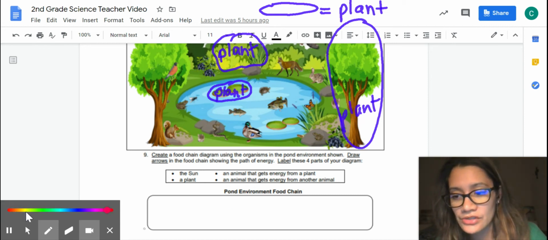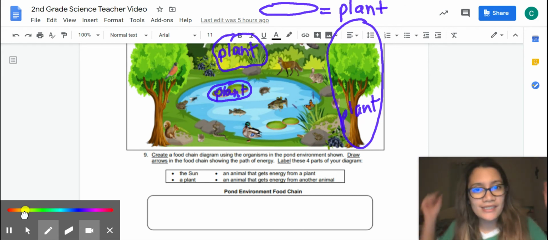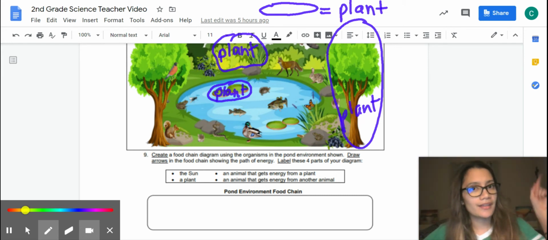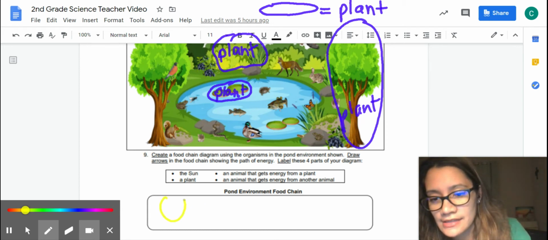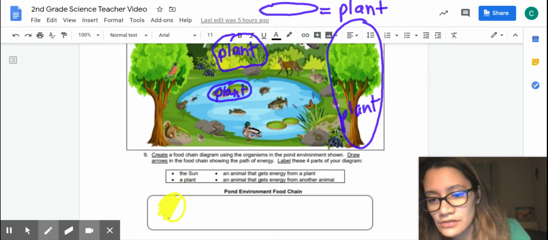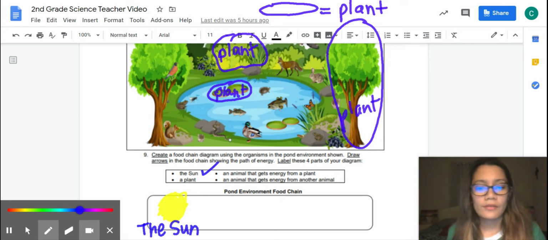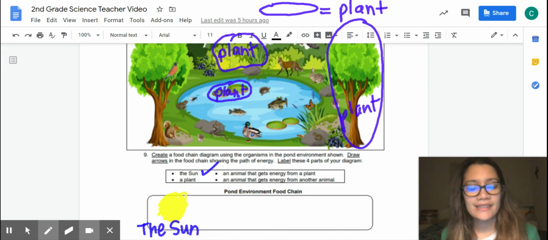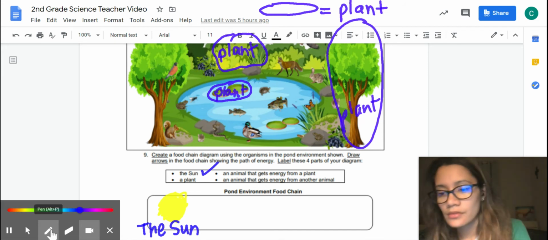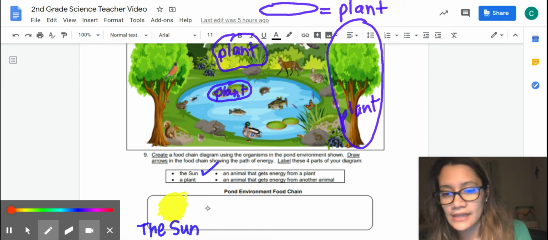So I'm going to start off as always. What's the first thing in the food chain? The sun. So I'm going to take this, Mr. Sun. Okay. I'm going to label the sun. Check. What do I draw next? An arrow facing away from the sun.